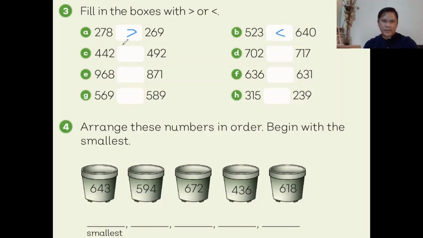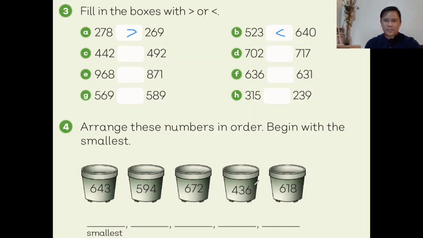Then answer the following question. Okay. Next, arrange these numbers in order. You can arrange the numbers in order, beginning with the smallest. So which one is the smallest here? 643, 672, 436, or 618.